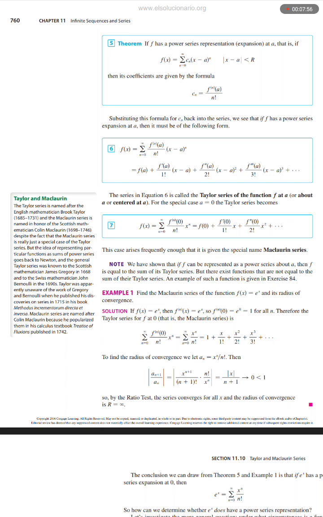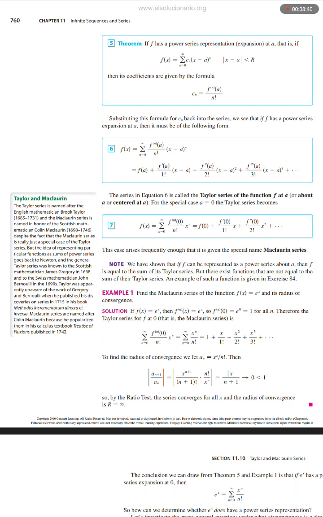Despite the fact that the Maclaurin series is really just a special case of the Taylor series, the idea of representing particular functions as sums of power series goes back to Newton, and the general Taylor series was known to the Scottish mathematician James Gregory in 1668 and to the Swiss mathematician John Bernoulli in the 1690s.